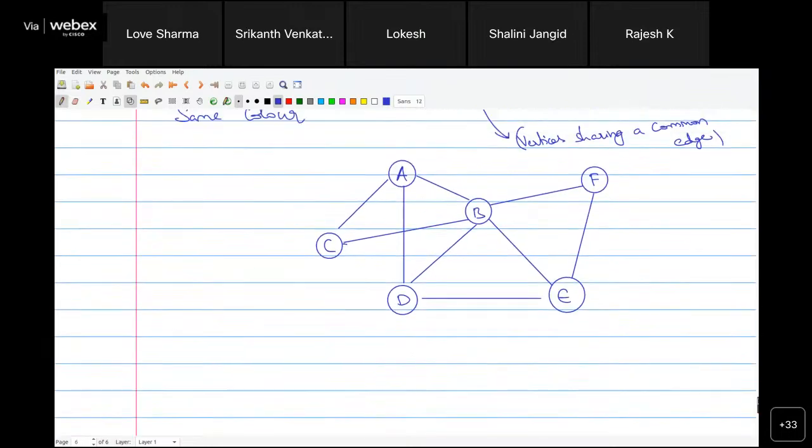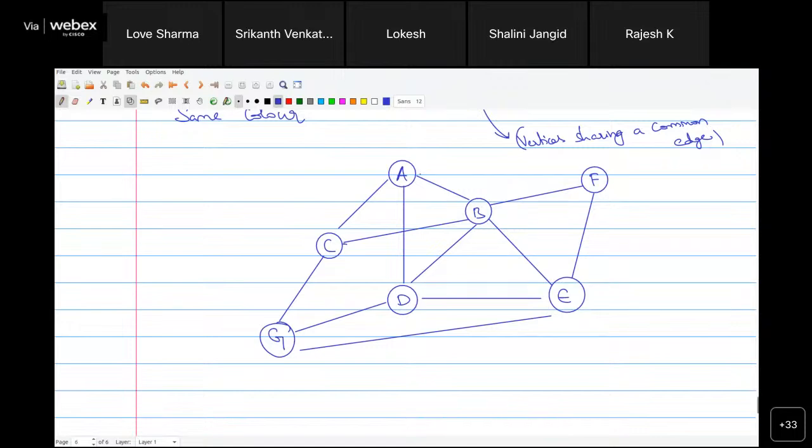Let me take one more vertex also. A, B, C, D, F, G. So this G is connected to C, D, and E. Okay, this is a graph with 7 vertices and some edges.